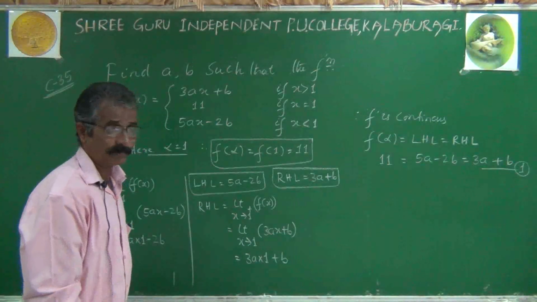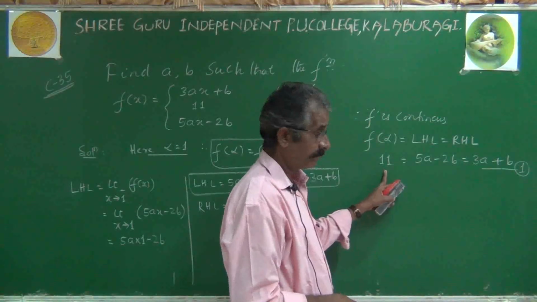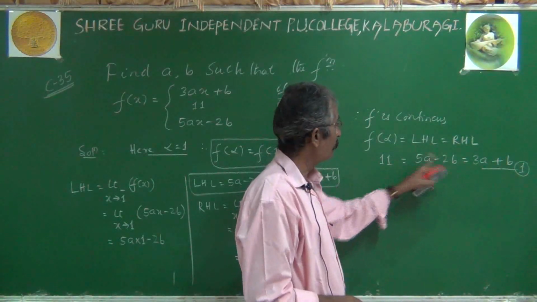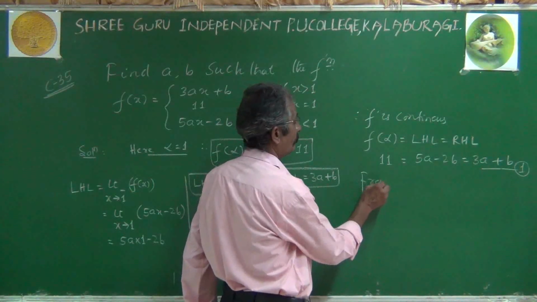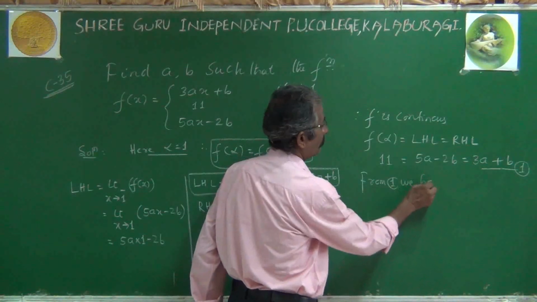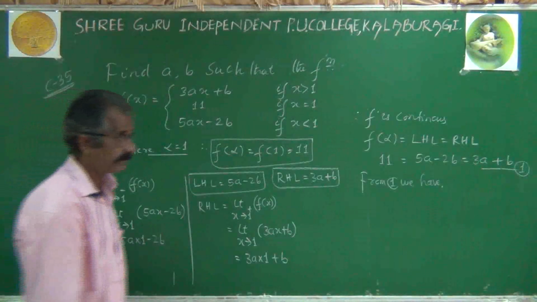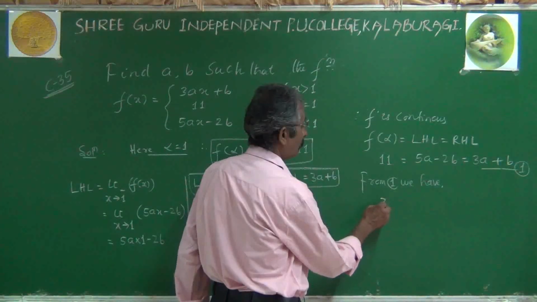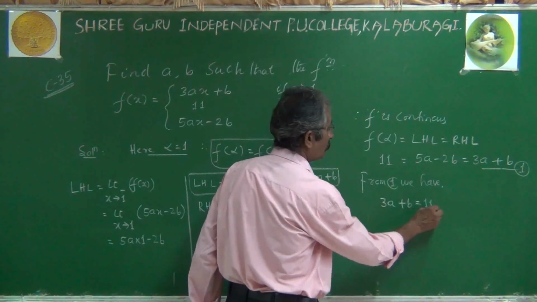Now from 1, what we can have is that 3a plus b equals 11 as well as 5a minus 2b equals 11. From 1 we have that 3a plus b equals 11, call it 2.